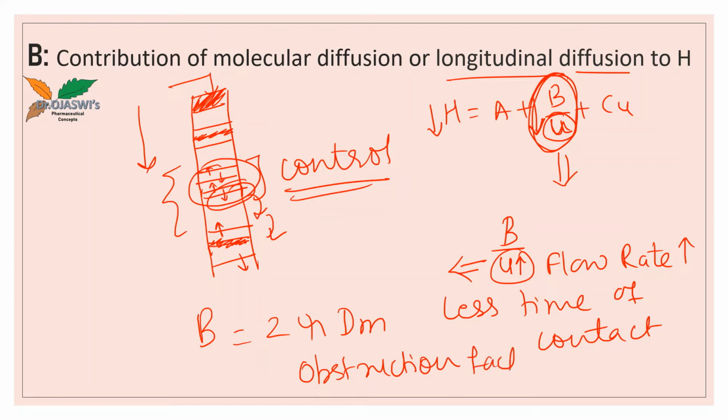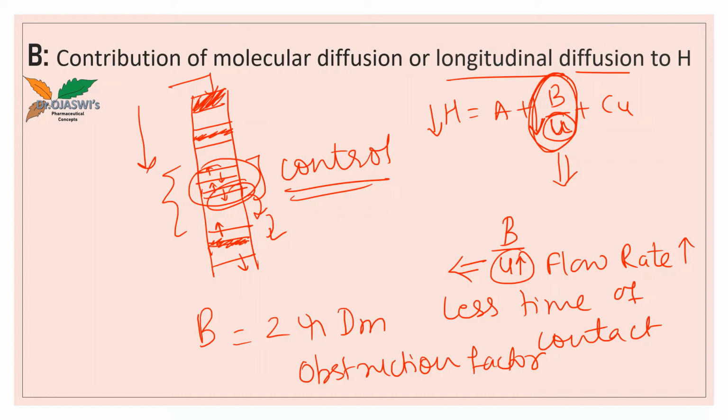It is the obstruction for the flow of the solute molecule down the column because of the stationary phase. Okay, because of the stationary phase. And dm is the diffusion coefficient of the solute in the mobile phase.